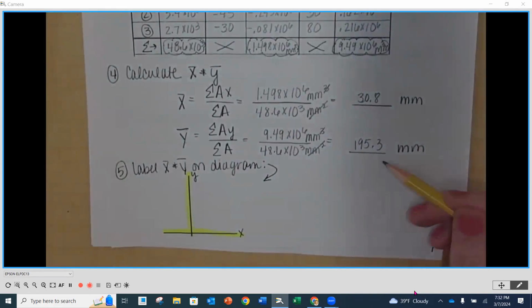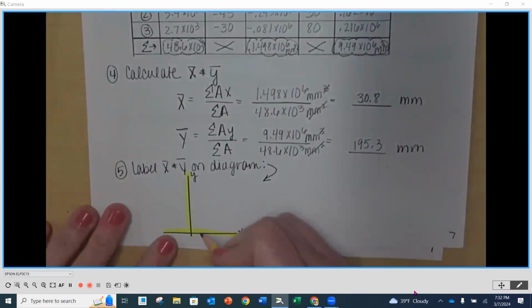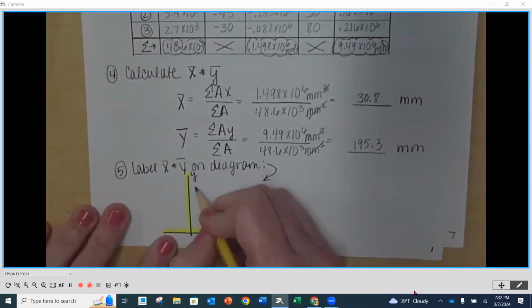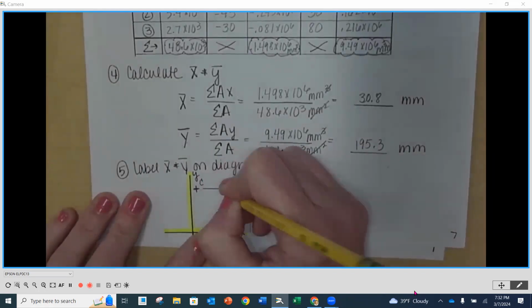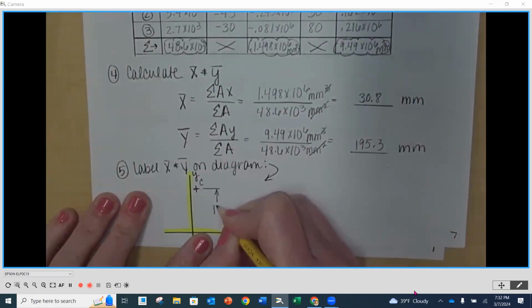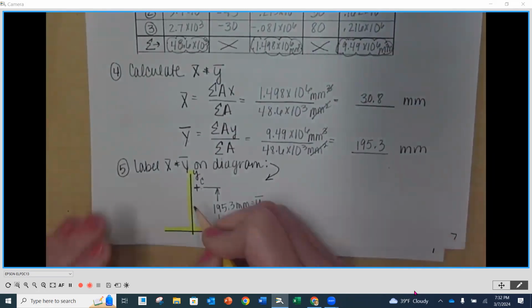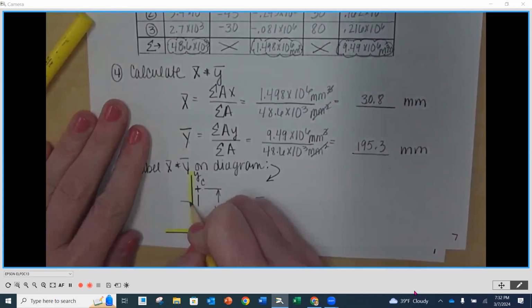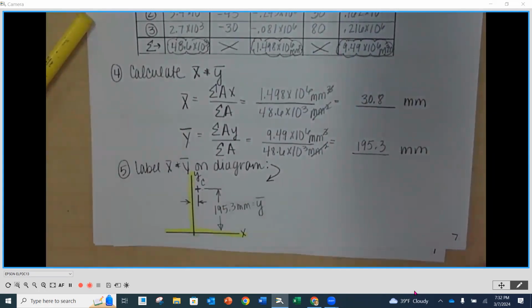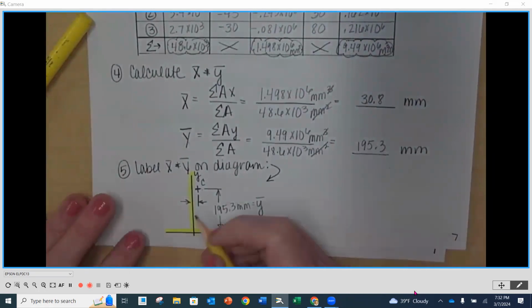Now, in this case, that Y bar is going to go way up, right? And it's going to be over just a little bit in relationship. So maybe here-ish is going to be our centroid. And our Y bar would be the 195.3 millimeters. And then our X bar is going to be to the right. It's a positive value, so that means it's going to be on the right-hand side of the Y axis.